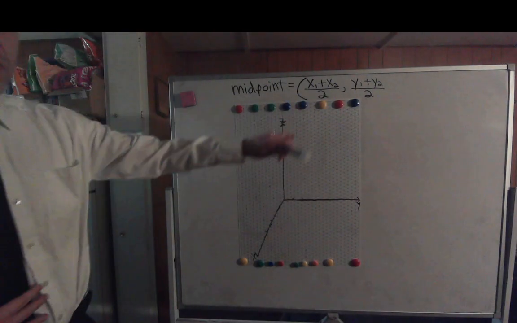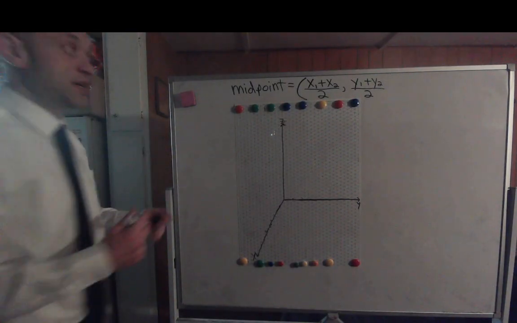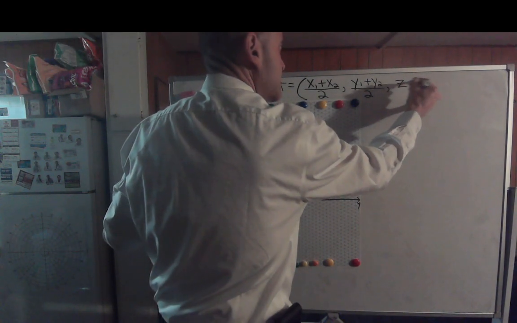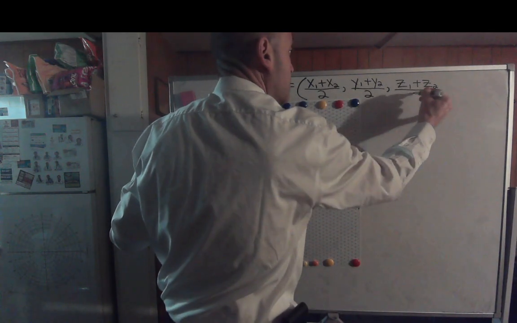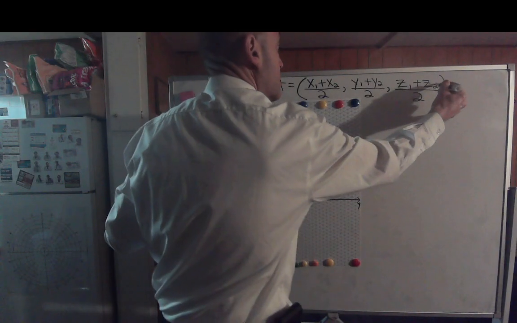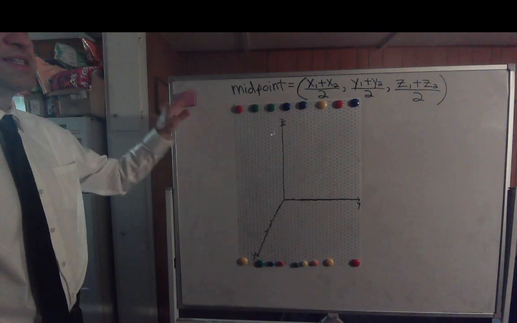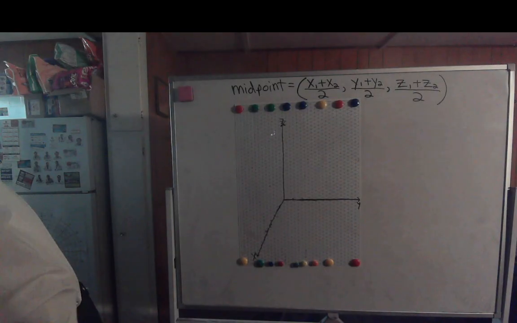Everyone should be familiar by now with the 2-dimensional midpoint formula, but the third dimension is very similar. All you're going to do is add comma z sub 1 plus z sub 2 over 2. That's all you do for the third dimension. You just add that z aspect. So it's actually very easy to find the midpoint of two ordered triples. So let's do that here.